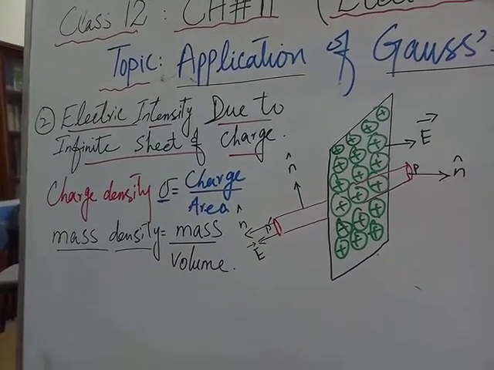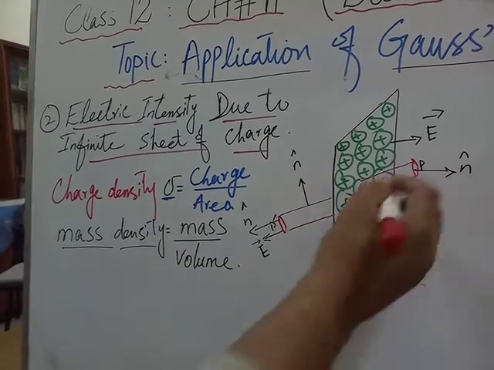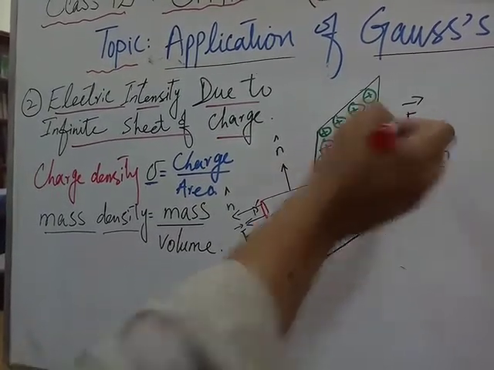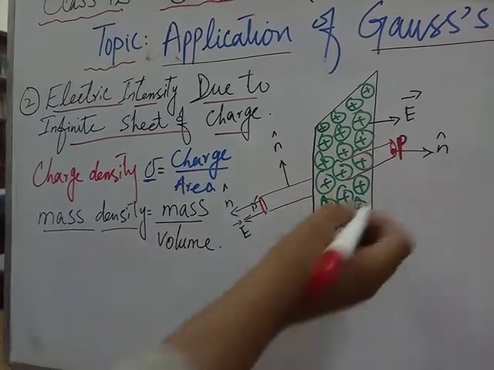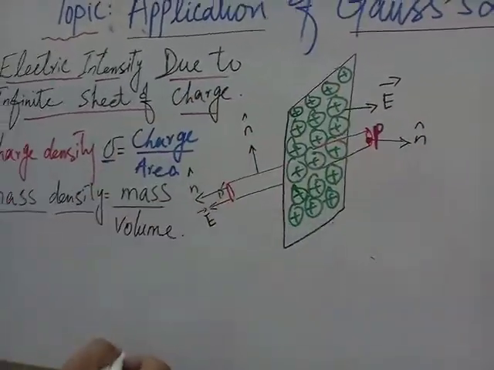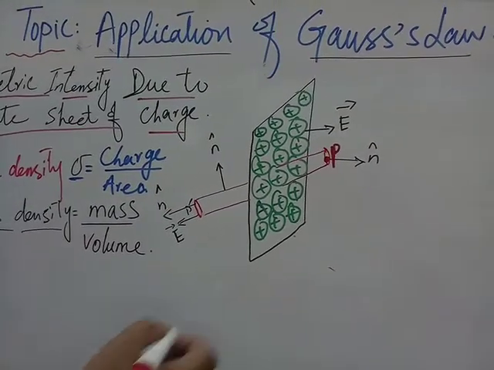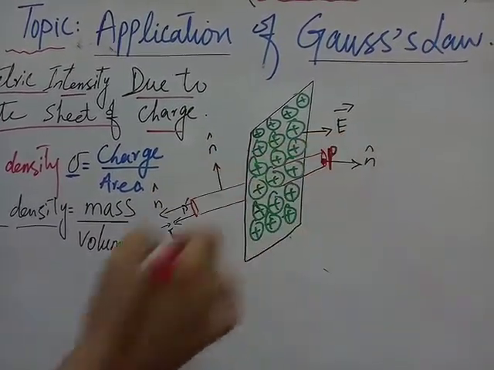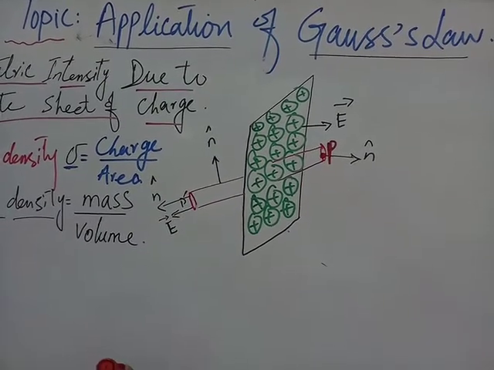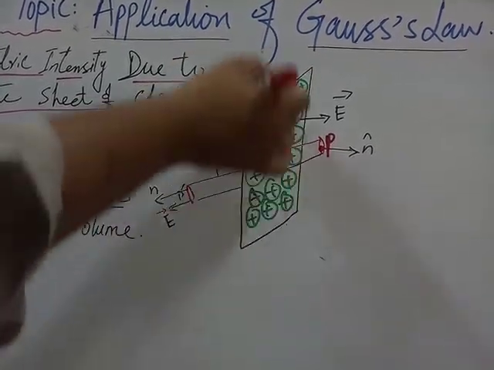Let's take a point, let me say this is a point P. So we can find the electric intensity at that point P, which is on the surface of a Gaussian cylindrical surface. We can find the electric intensity for that infinite sheet of charges.